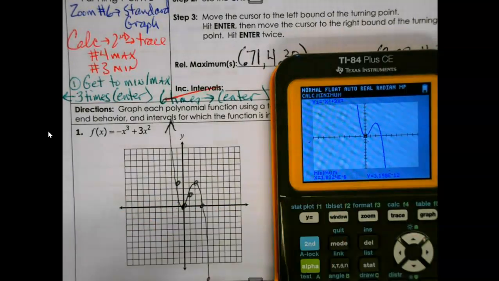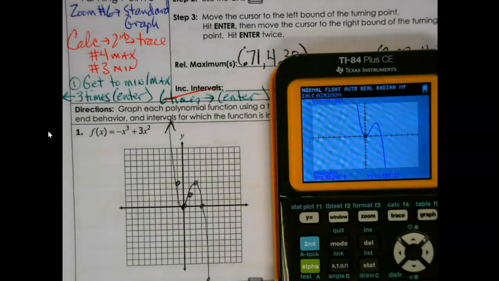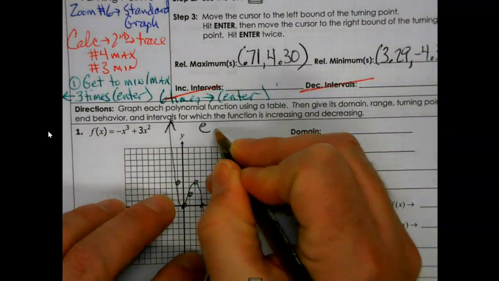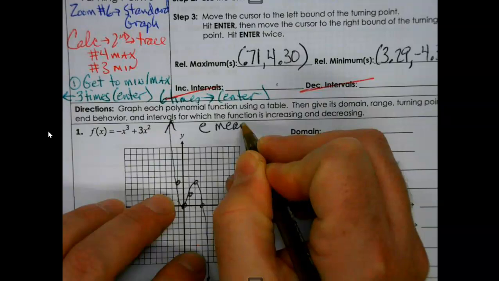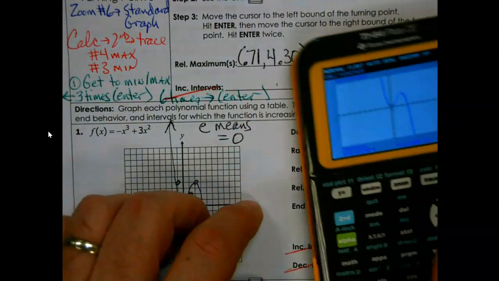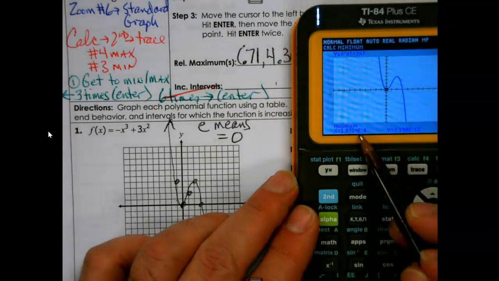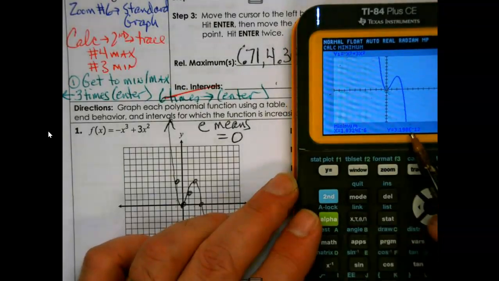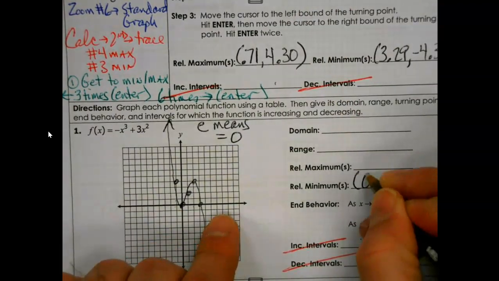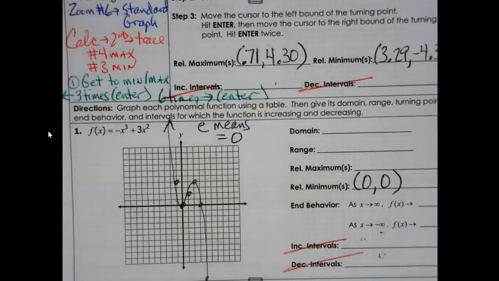What's this E thing that's here? Yes. Whenever you see E anything, it automatically means the whole thing is 0. So let's make a little note here. Anytime you see E, that means equals 0. Since I see an E on my X, and I see another E over here, that just means my minimum is at 0, 0.